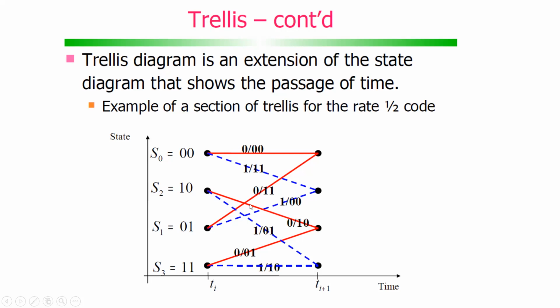How? The line is bold and with a different color, red. Output is 1, 0. Since I am connecting this dot with this dot, previous state was 1, 0, next state is 0, 1. So this is how the trellis diagram is completed for all the states.